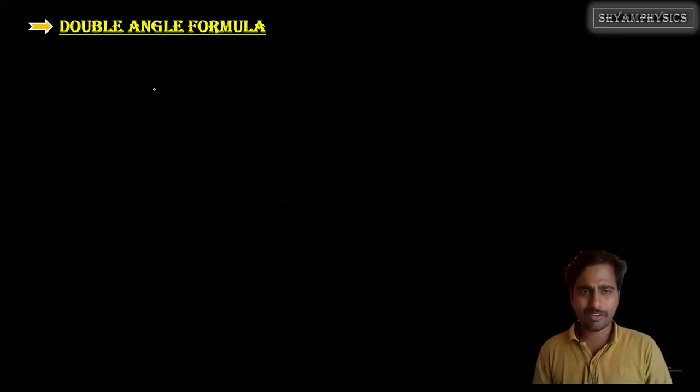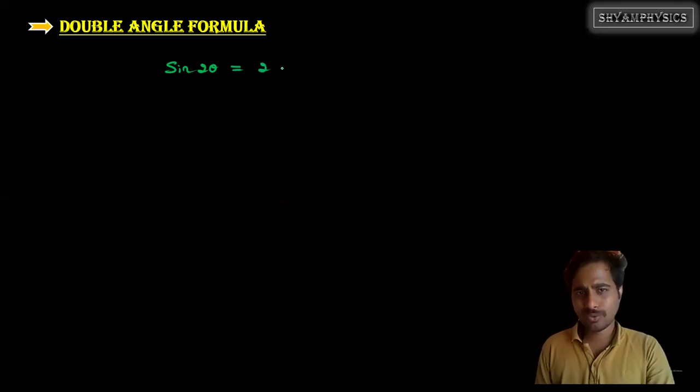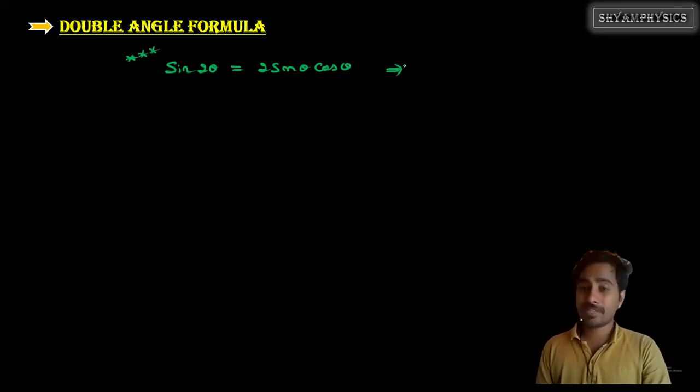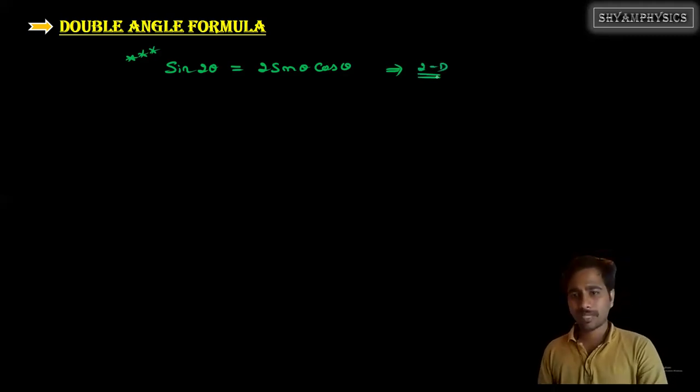That is the double angle formula. Double angle formula means here it will come sine 2 theta. Sine 2 theta can be written as 2 sine theta into cos theta. Very important, where we'll use it in the beginning of physics, in the chapter of 2D motion, projectile motion.